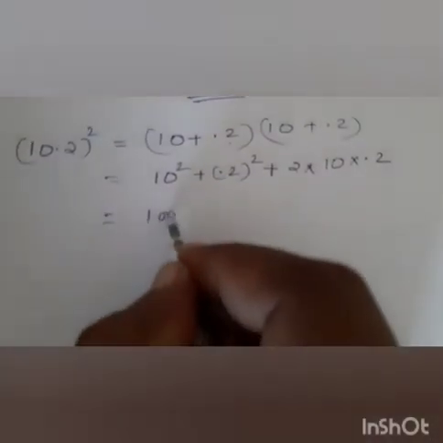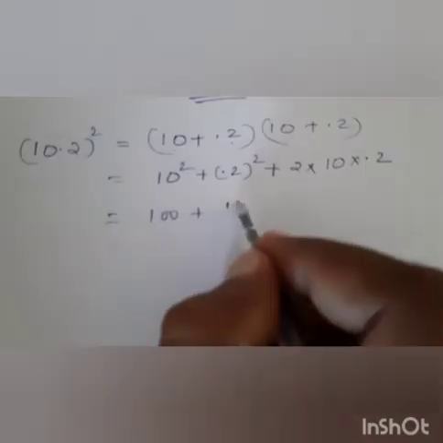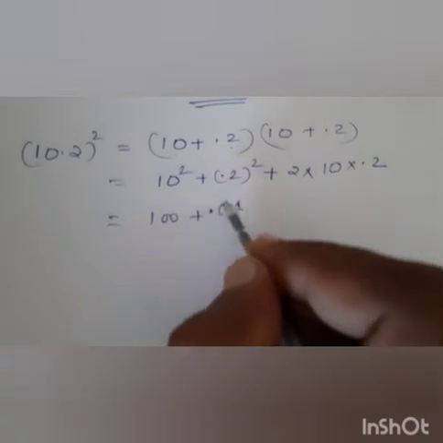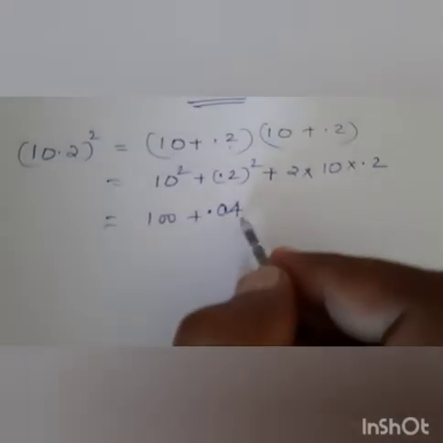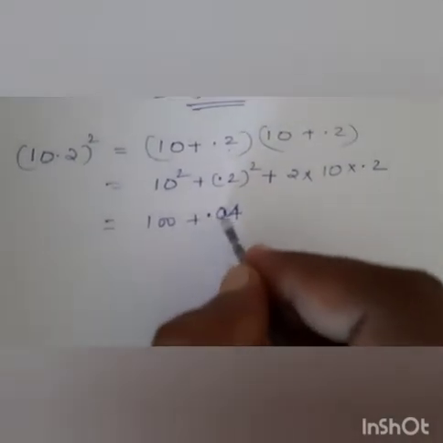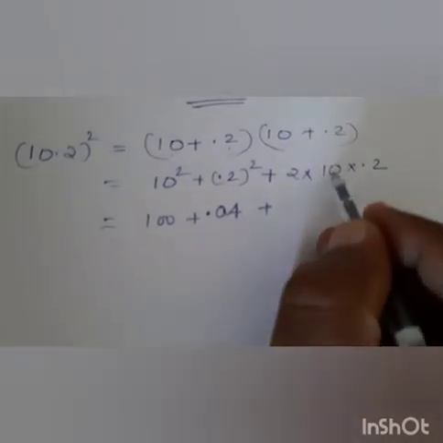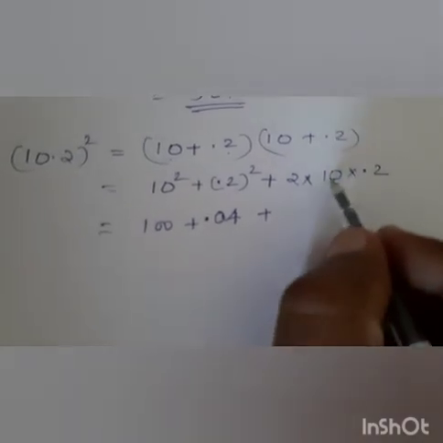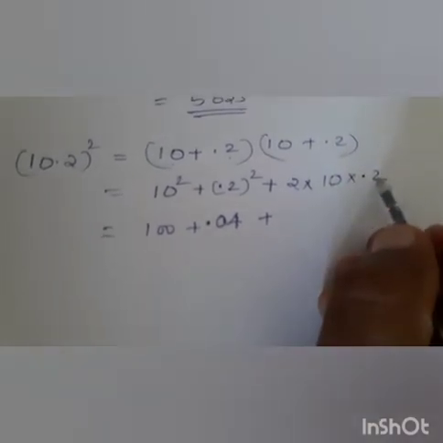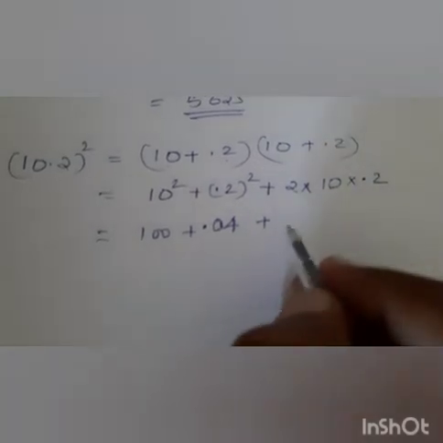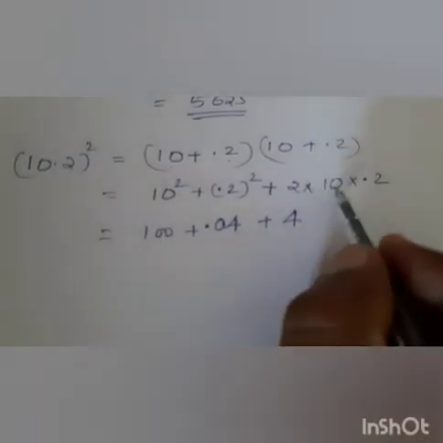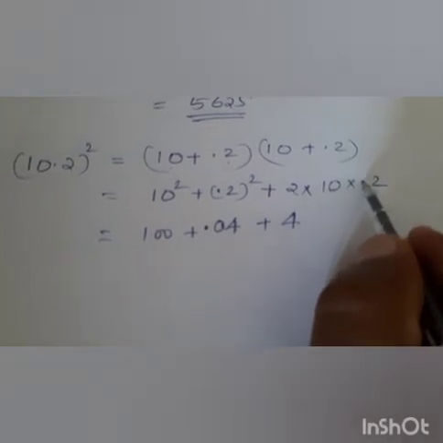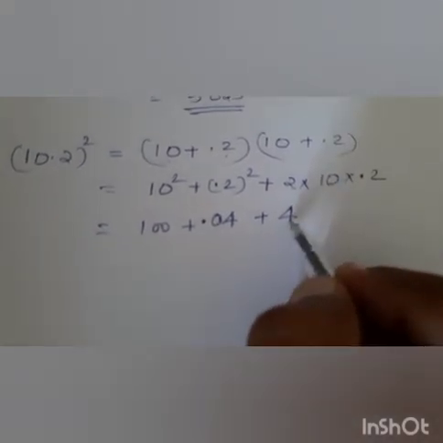So it should be 100 plus 0.2 square, sorry, not 0.4, 0.04. 0.2 into 0.2, 2 decimal places should be there. So 0.04 plus 2 into 10, 20, 20 into 0.2 should be 40. Then 1 decimal, so we will get 4.